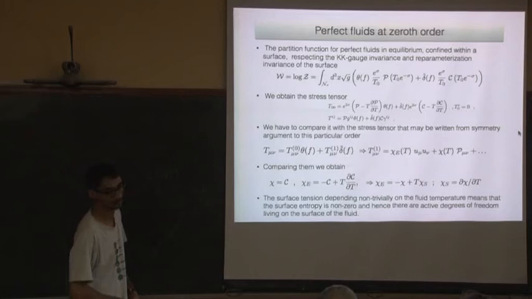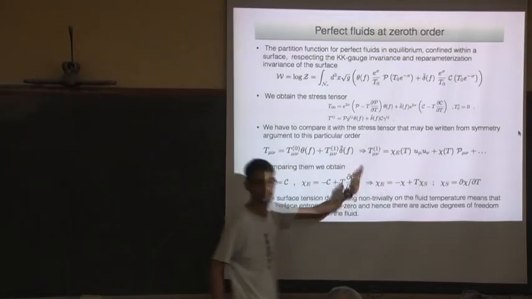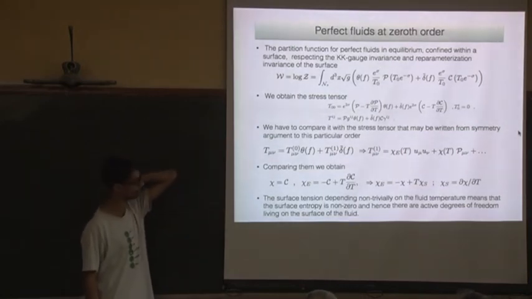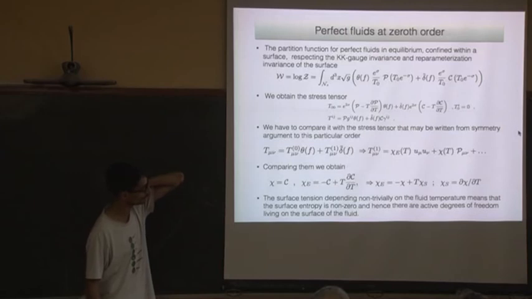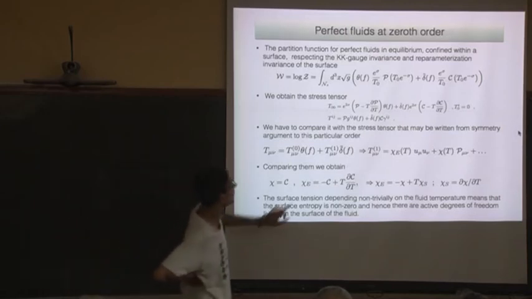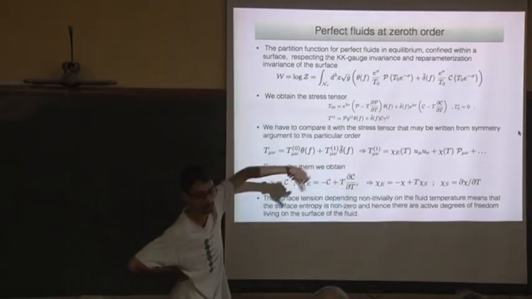What is mu? Oh, sorry, this is the projector, which projects orthogonal to both mu and mu. Chi is C. What is C? C is that one. I see. This is like the pressure.